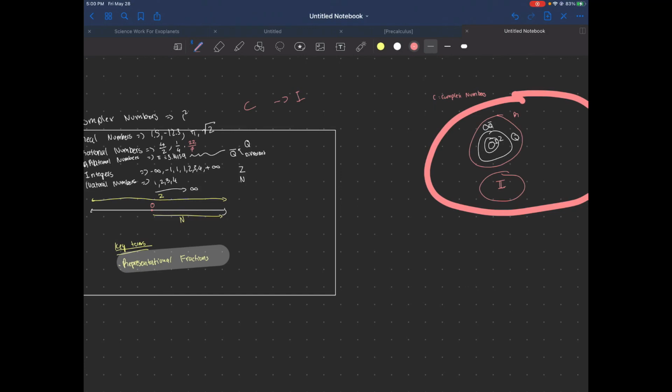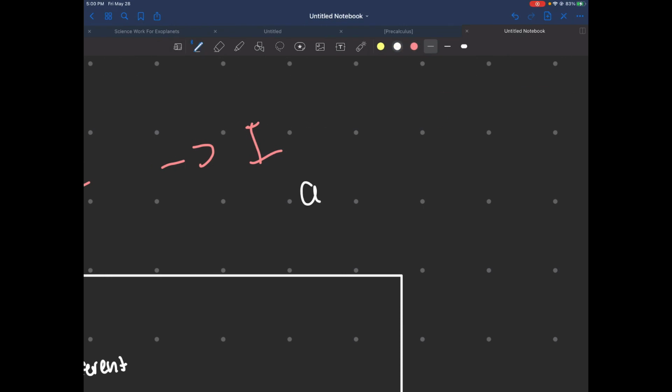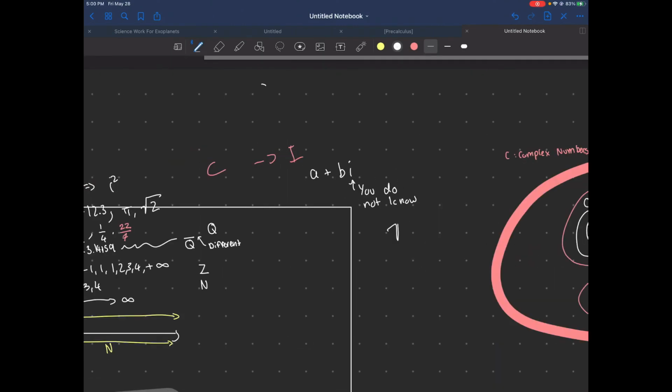C is anything that is multi-term, A plus B I, where you do not know. So I could be anything like negative 1 I squared. Now I is basically the square root of negative 1, but I squared is something that we don't know. It's complex, so we just represent it with that. So let's take that away.